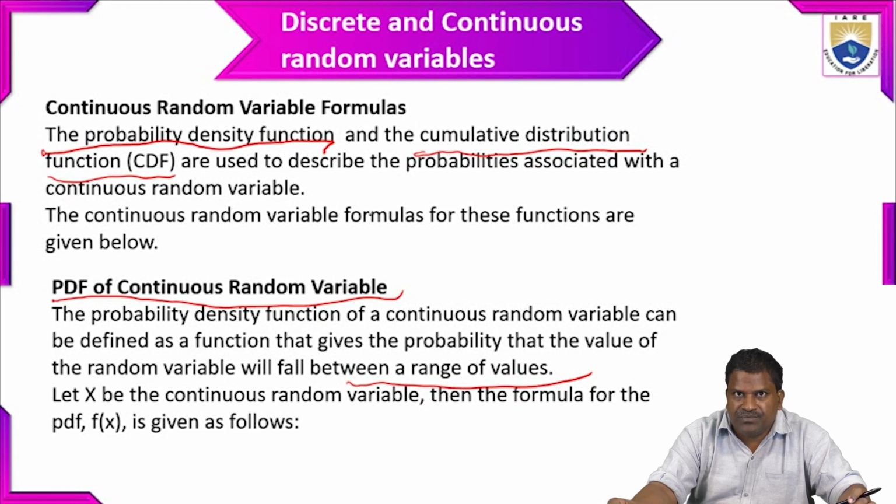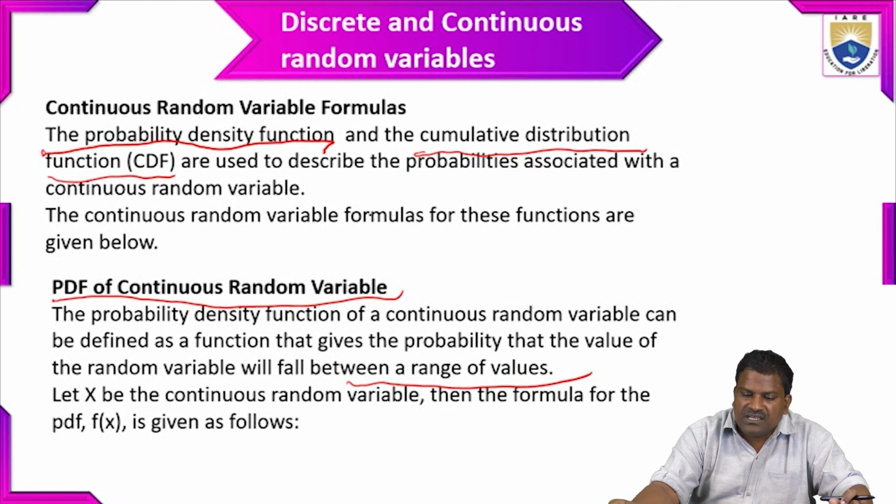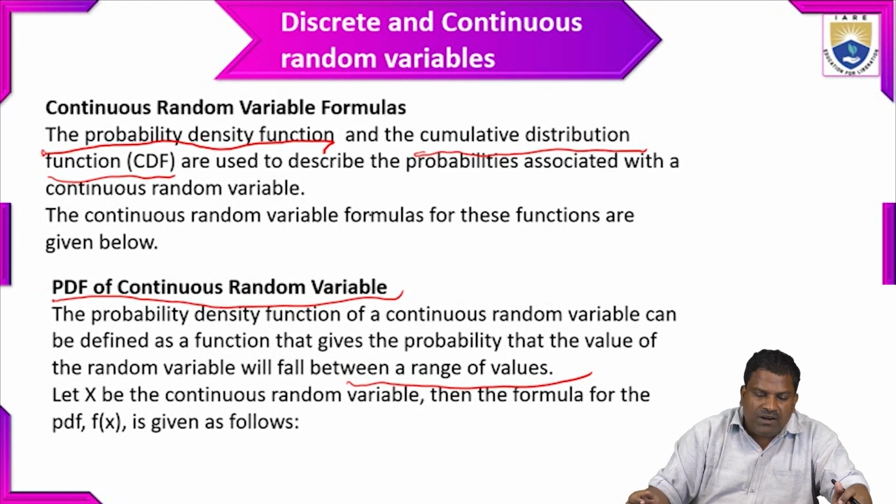Once again, let us see the continuous random variable formulae. The probability density function and the cumulative distribution function are used to describe the probabilities associated with a continuous random variable. The formulae for these two functions we have already discussed earlier.